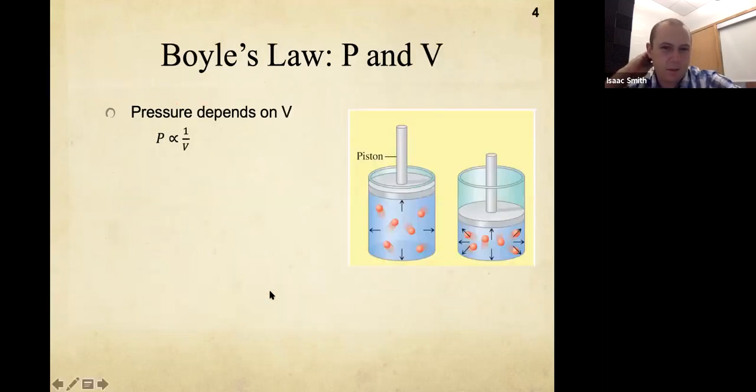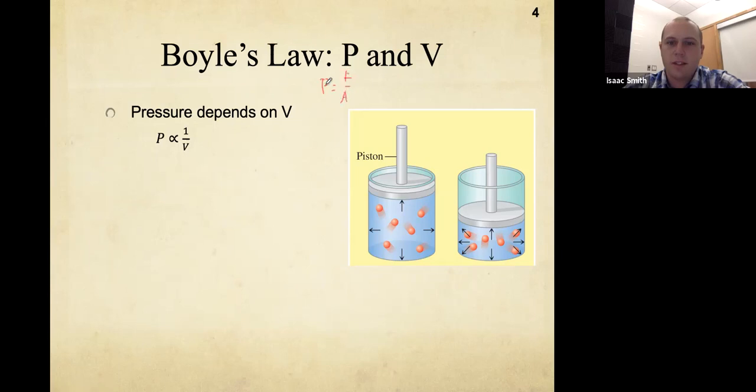Okay, so now we're going to talk about Boyle's law. This relates pressure and volume. So here's an example. Let's say you have this piston and there's some gas underneath. As you push the piston down, the volume goes down, right? But the pressure actually increases because pressure equals force over area.